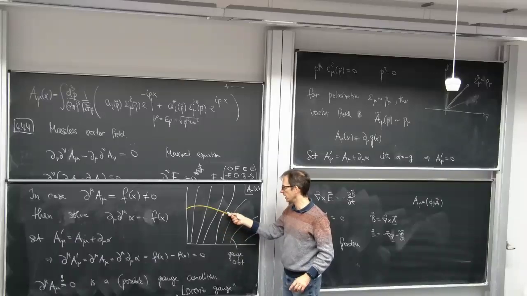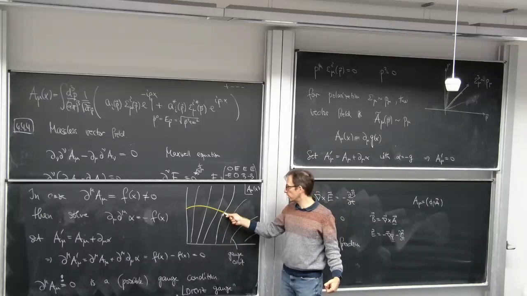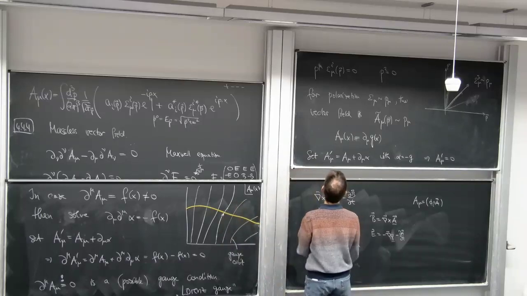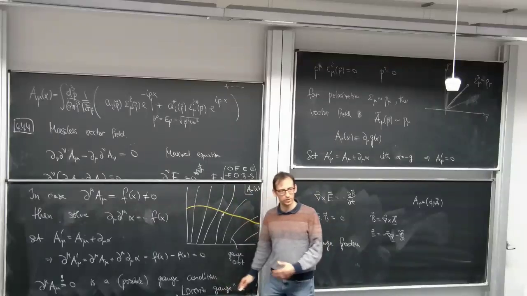So we move to this line, and now we're doing another gauge transformation. And I really hope we're not going to move out of this, because if you moved out of it, then everything is broken, because it's based on the Lorentz condition.